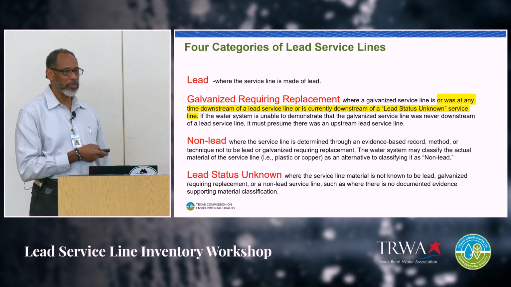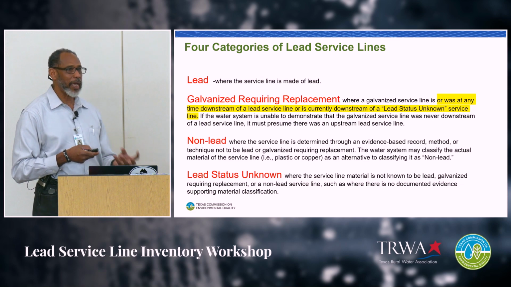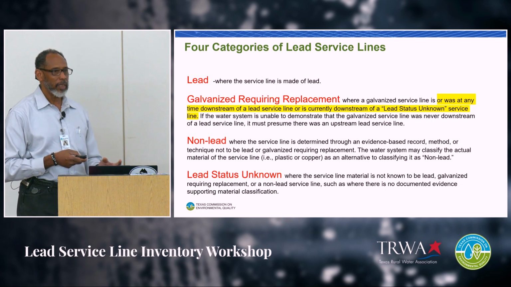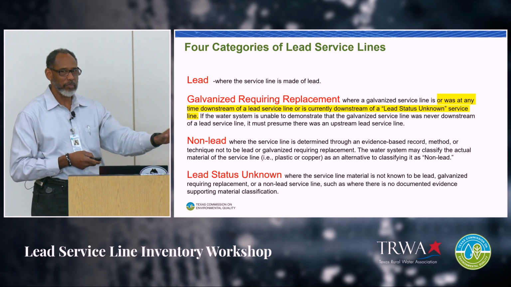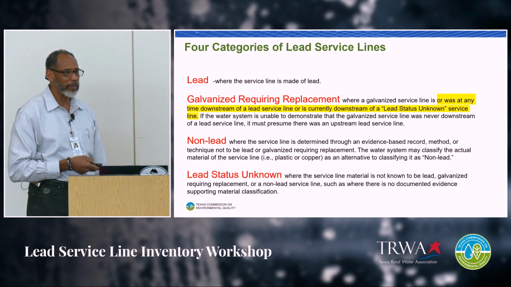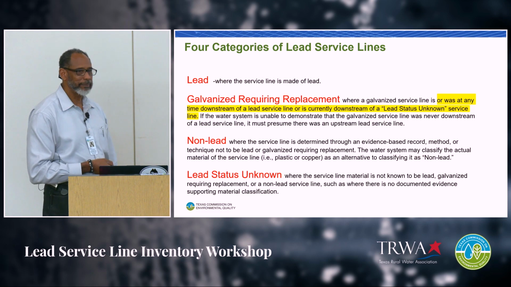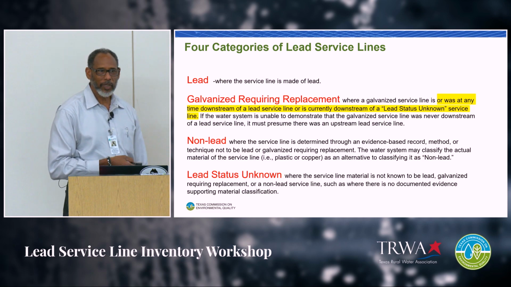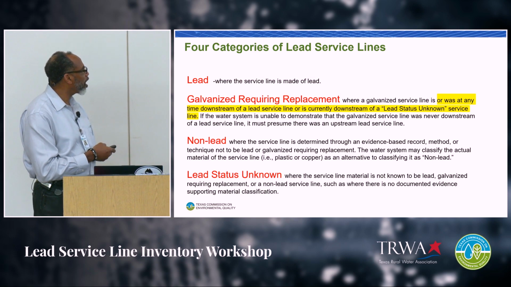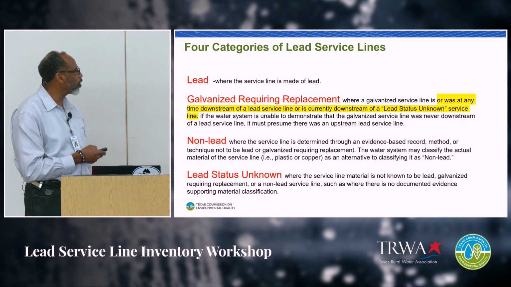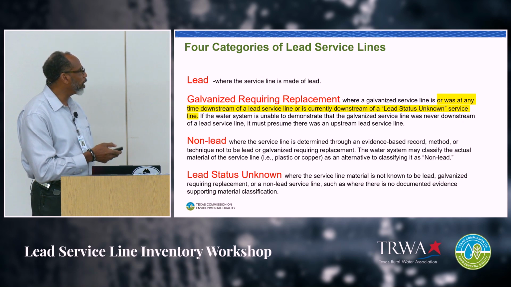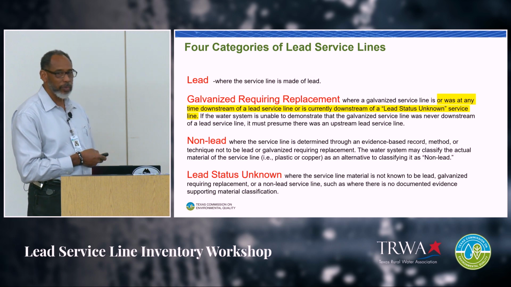The concept here is that some lead could have leached out at some point when it went downstream and then actually settled into the galvanized pipe. So it may be lead in that galvanized pipe, even though it's not a lead pipe. That makes sense? So that's why if you have a galvanized requiring replacement line, like I said, it was currently or ever was downstream of a lead service line, then it's going to be galvanized requiring replacement.